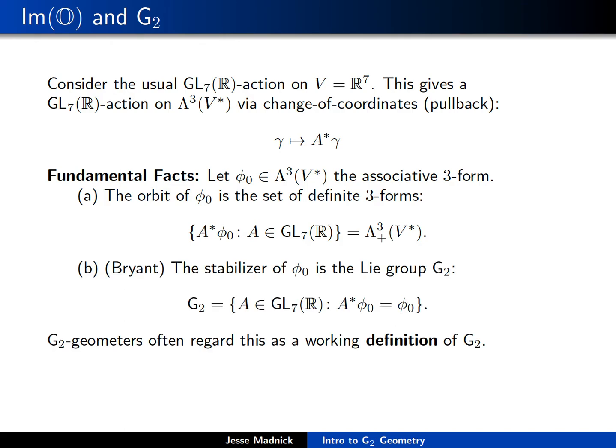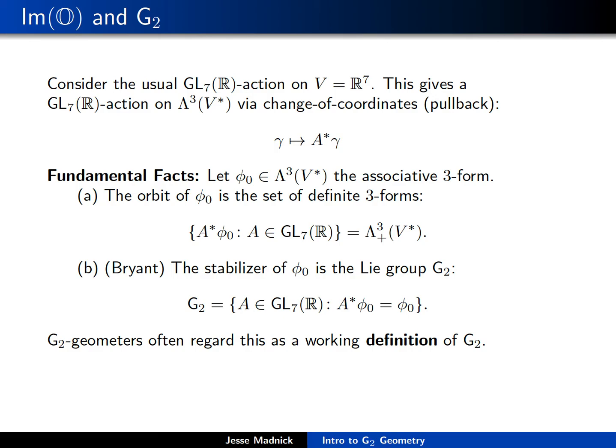And the other fact, which is really fundamental to G2 geometry, is that the stabilizer of phi 0 under this action is G2. So this gives another link between G2 and the octonions. G2 is precisely the set of 7x7 matrices, or linear transformations, that preserve phi 0. This is somehow analogous to the definition of the unitary group as the set of linear transformations that preserve J and omega.